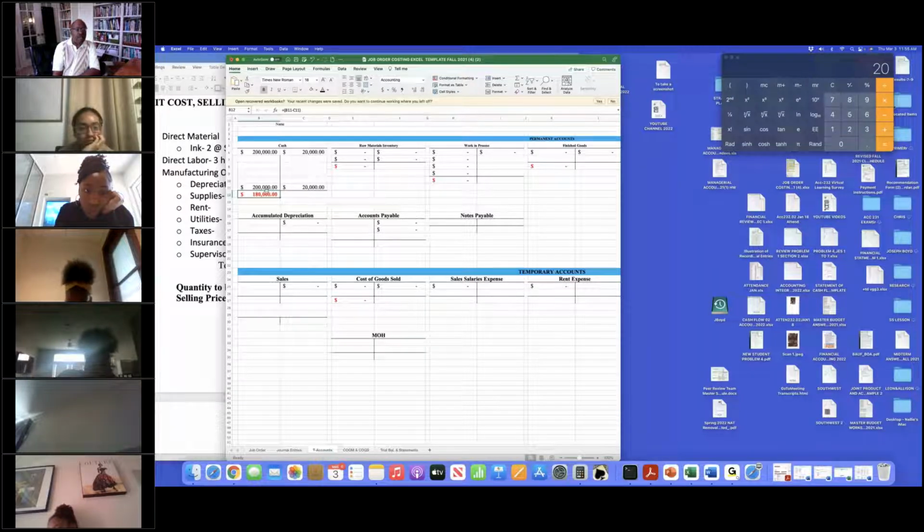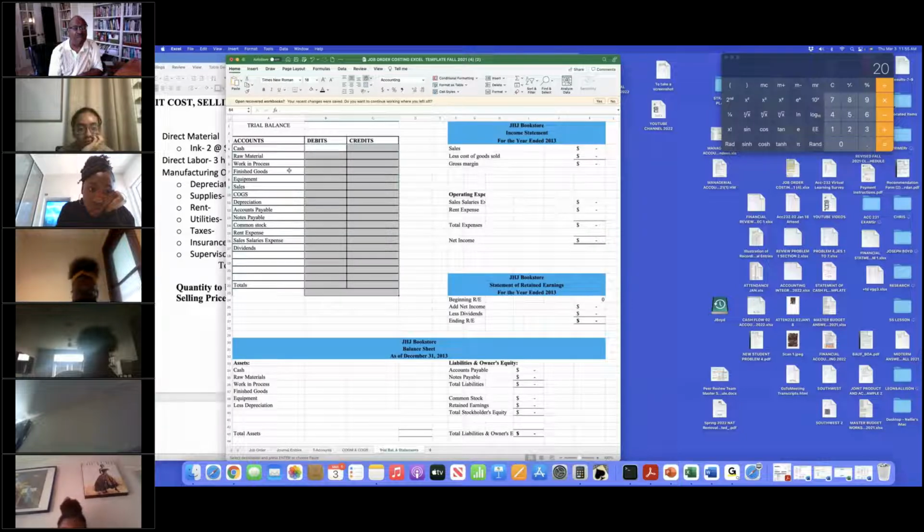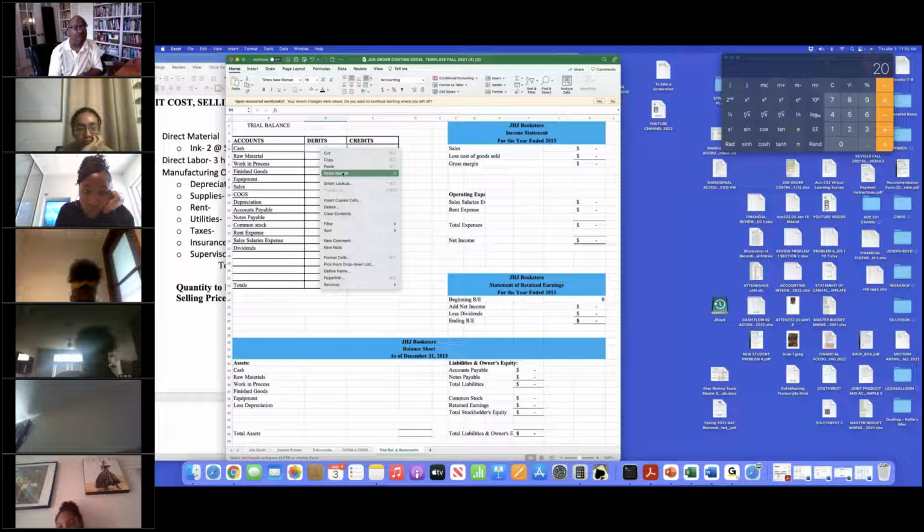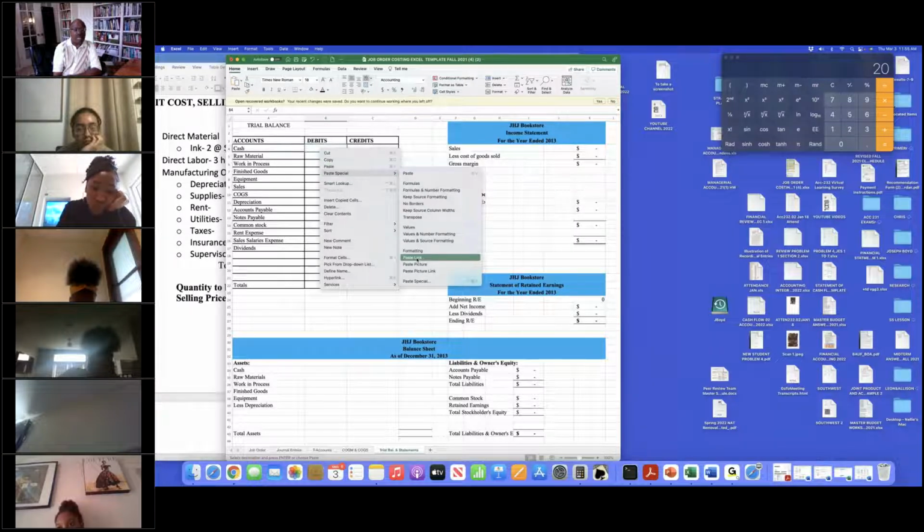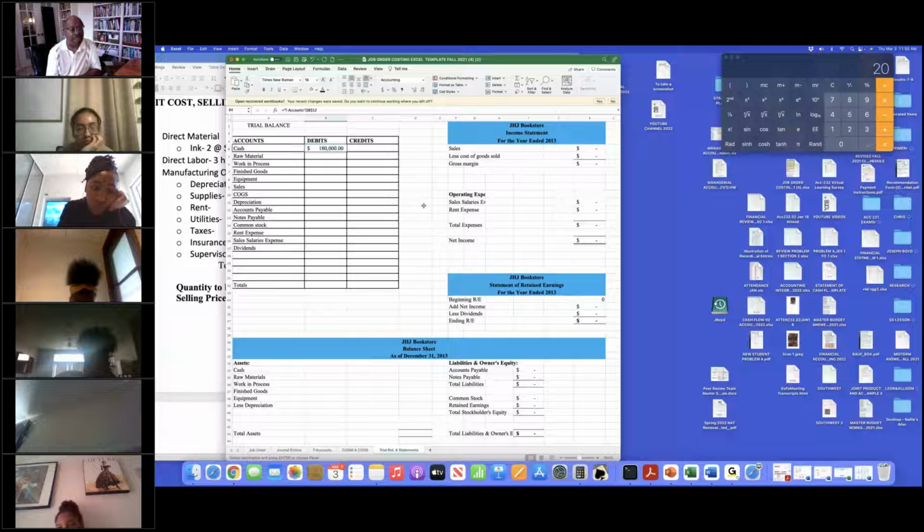Now I'm going to the trial balance. Let me see if I can hit paste link again. Then I'm going to come to my balance sheet.